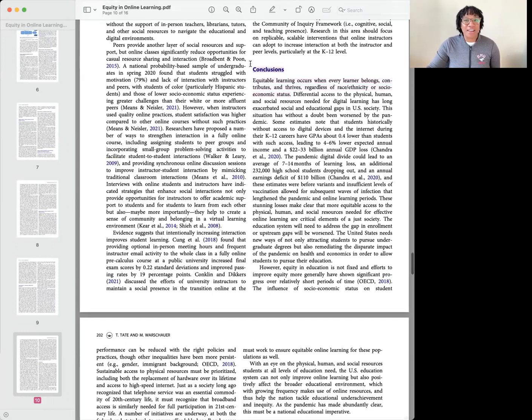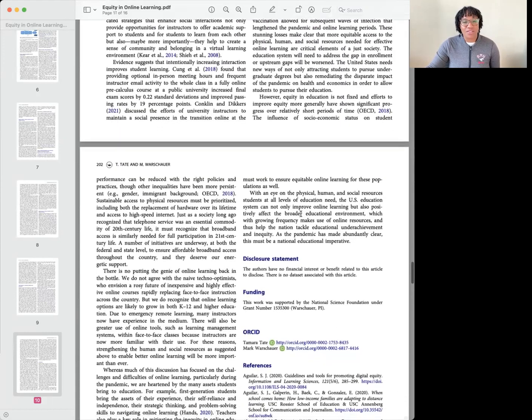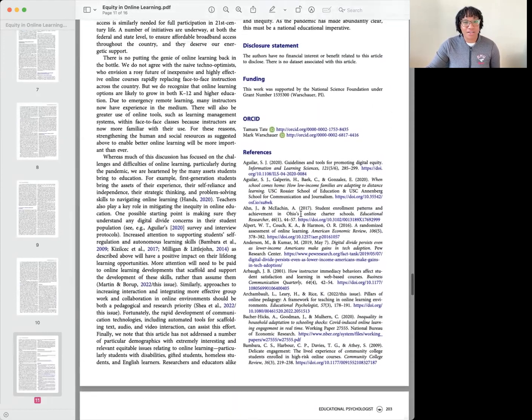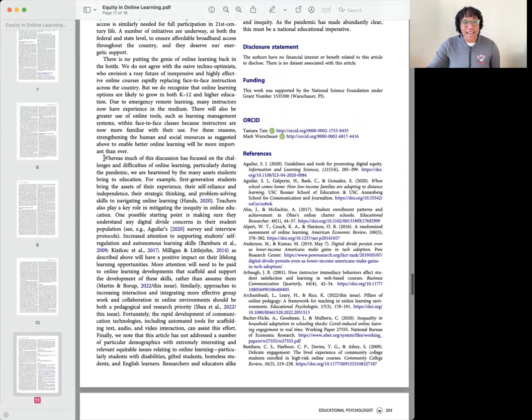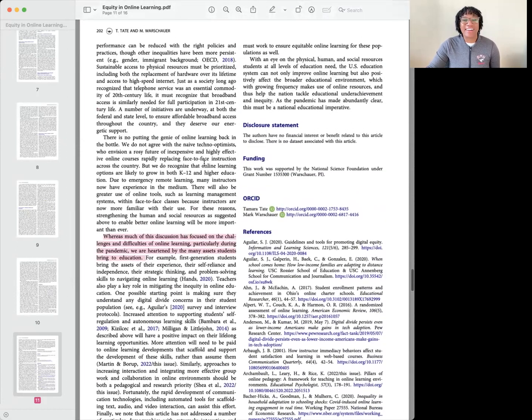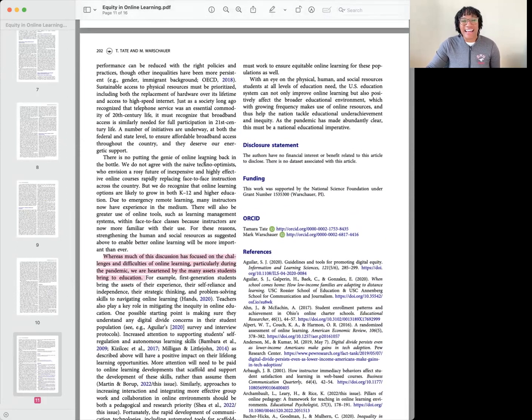If for some reason you don't have this conclusion marker, then all you have to do is go to the very end of the article, read the last paragraph, start with the very first sentence, and you already know how this goes.